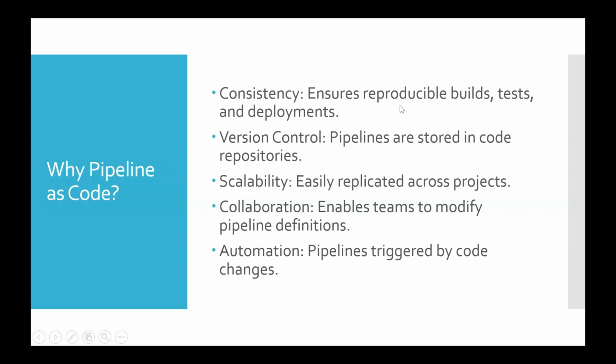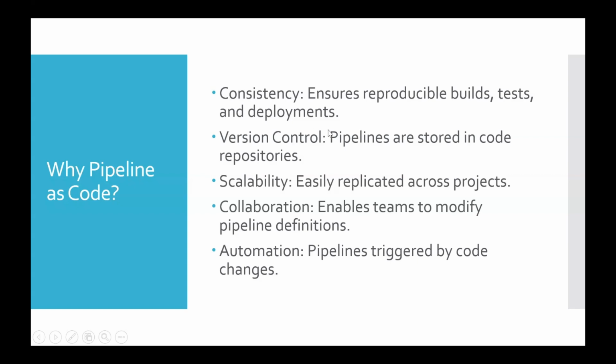This ensures reproducible builds, tests, and deployments, because you can create all the build tasks, test related tasks, and deployment related tasks using YAML code or DSL code, whatever you want to create, and keep that code in the repository so that no one will be able to change it whenever they want, so that your pipeline will be consistent and reliable.